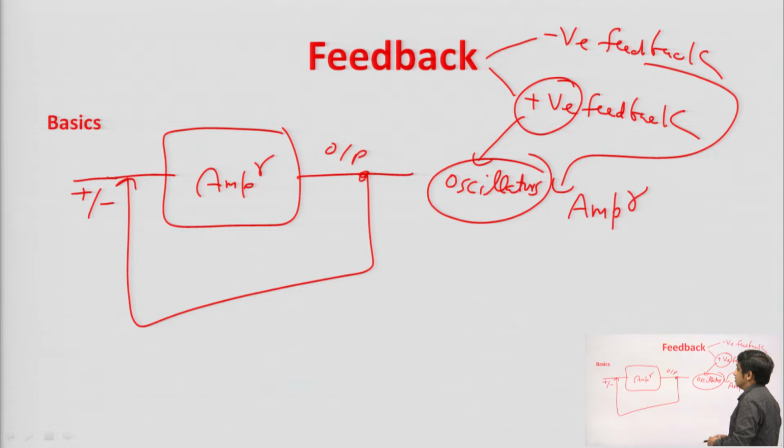So, when we use negative feedback, then what happens? One example of negative feedback I had explained in biasing in unit 1.